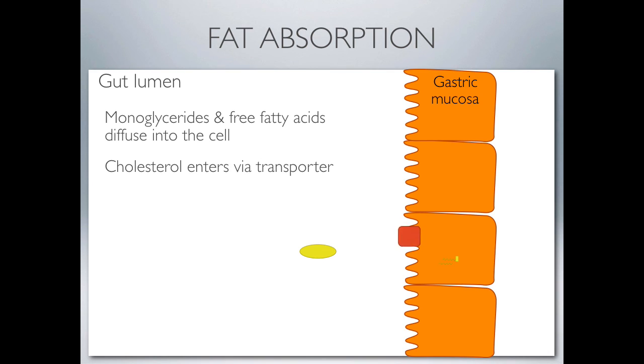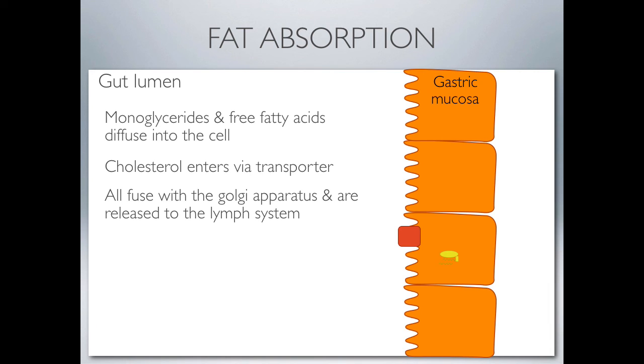And so we have a transporter that does just that. Okay, once they're on the inside of the cell, then they fuse with the Golgi apparatus. And so they're handled on the interior of the cell in a different way from the carbs and the proteins. And then they're also handled differently as they're transported through the basal side of the cell, because they're passed off into those vessels, the lacteals, where they're transported through the lymphatic system.